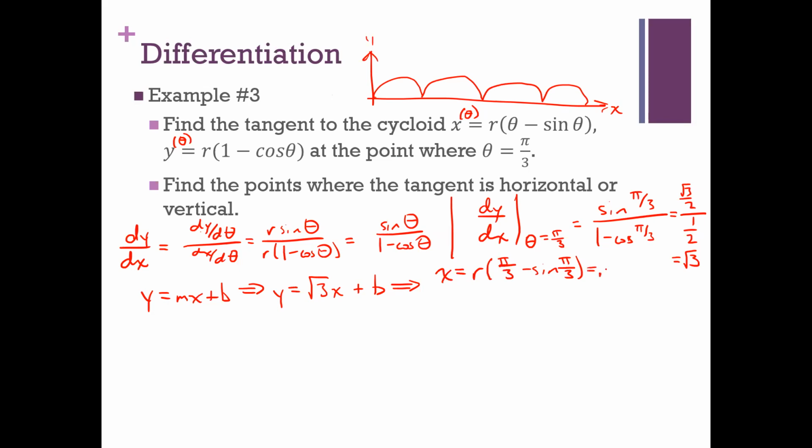Well, this is going to be really inconvenient looking. So r times pi over 3 minus radical 3 over 2. And what's the corresponding y value? R times a half. Okay, I'll just leave it like that.